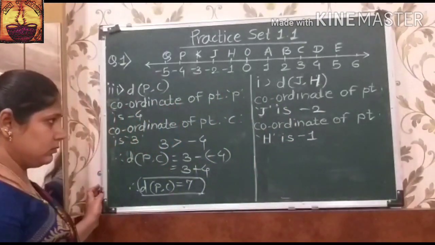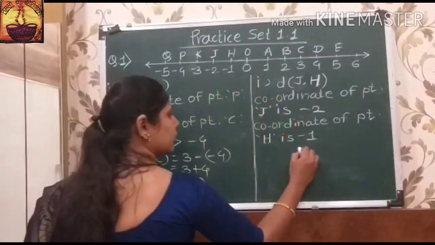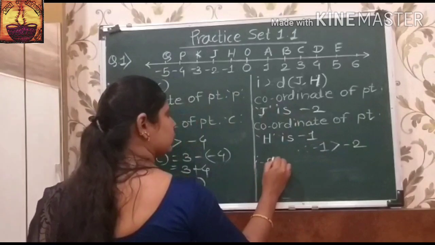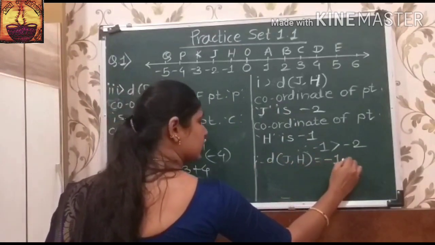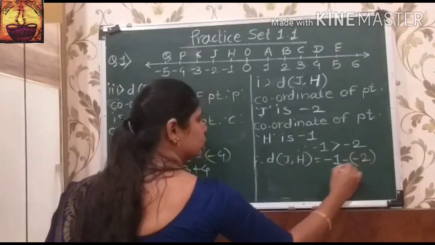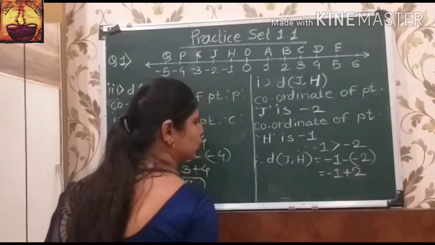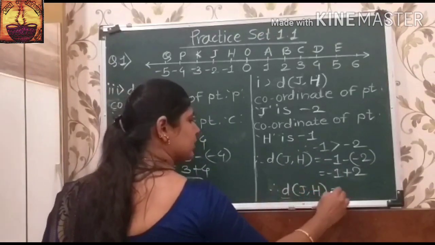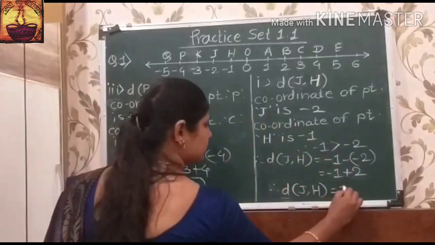Here minus 1 is greater than minus 2. Therefore, distance JH is equal to minus 1 minus of minus 2. Minus minus becomes plus, so minus 1 plus 2 is 1. Therefore, distance JH is equal to 1.